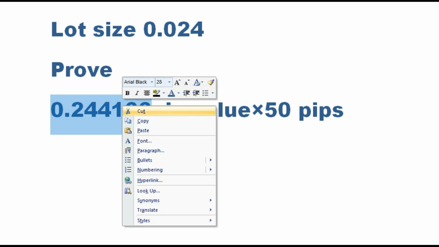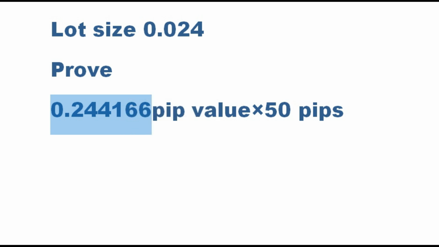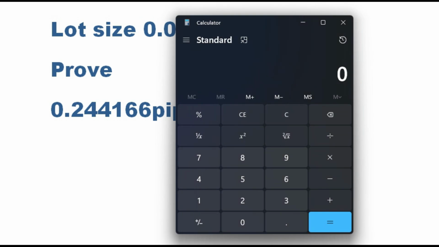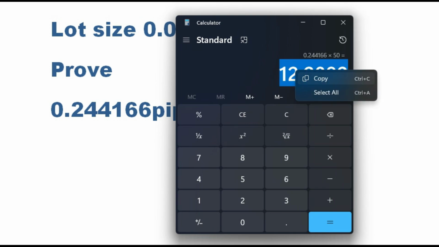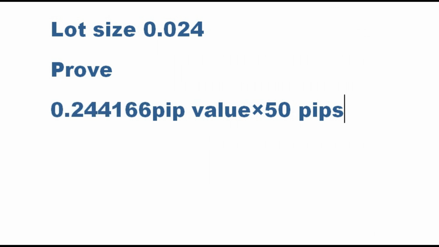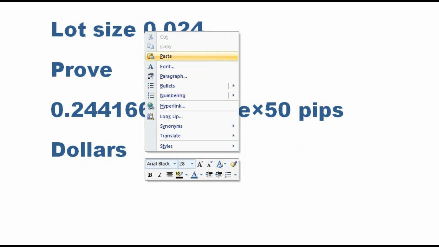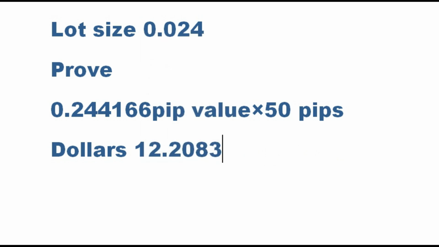Let me pull out the calculator over here. Then you multiply it by the 50 pips. This is the amount we have at risk in dollars.